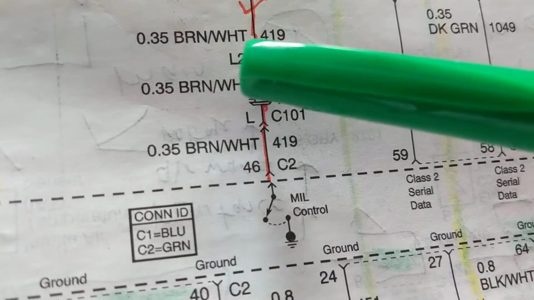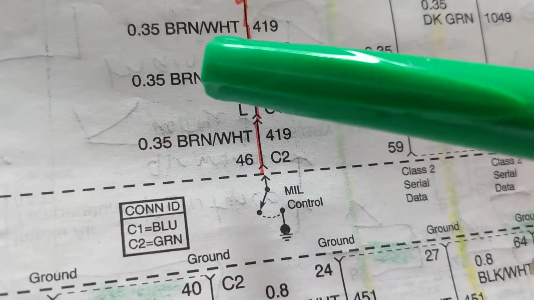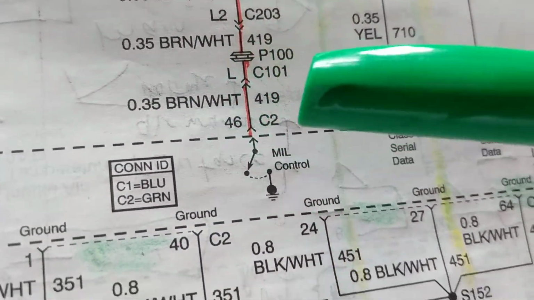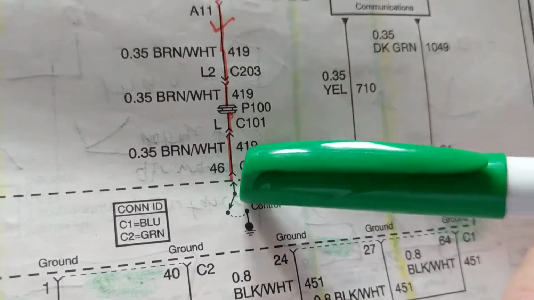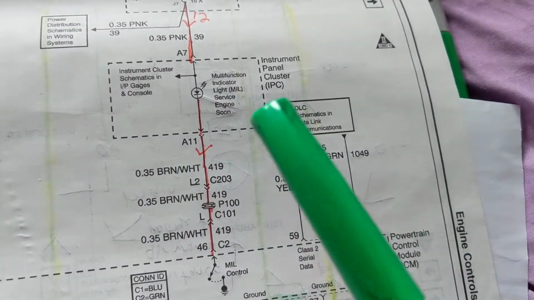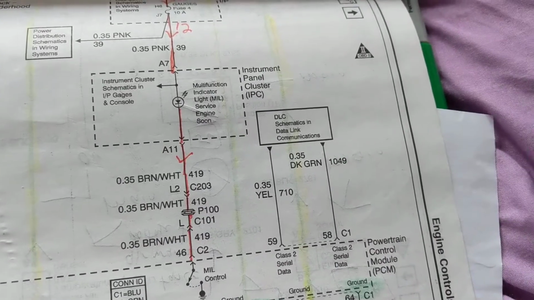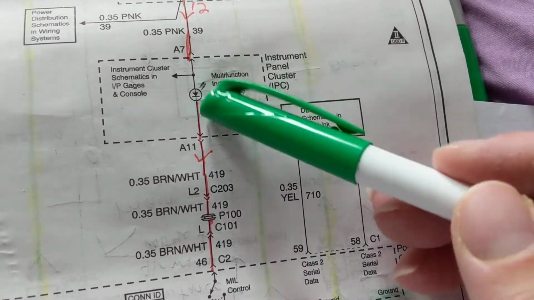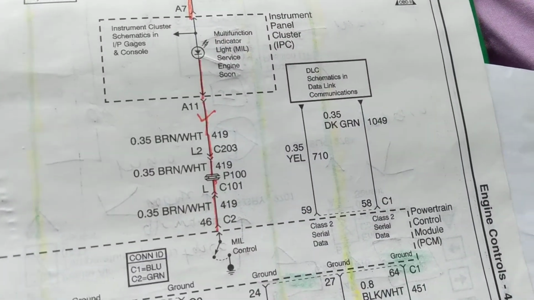Brown with a white stripe, and 0.35, the gauge. Now, this will give it a ground when this has to be lit. And when is that? That's in the very beginning. When you put it in the run position, before you even crank, this lights it up. Make sure everything is working.